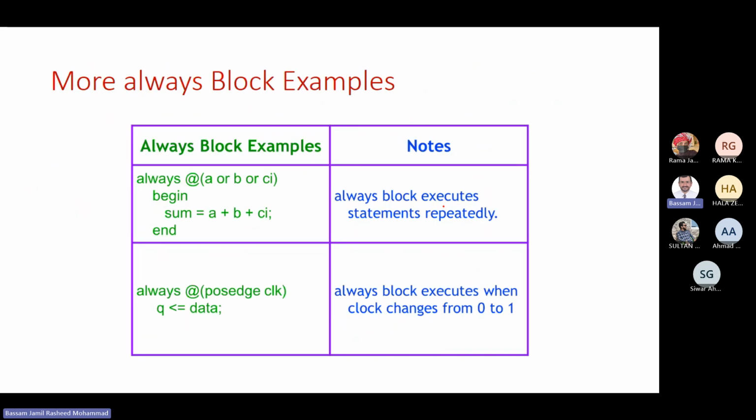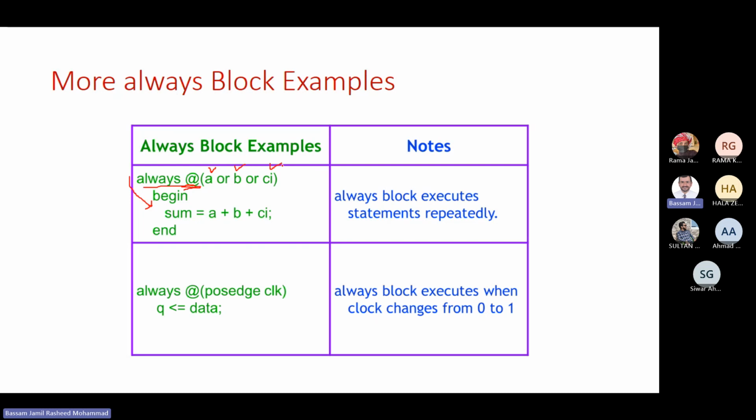Okay, now on always block, let's go back to always block. This is what stops you here at the top before you enter the block. So what does that mean? This means wait here until A changes or B changes or CI changes.